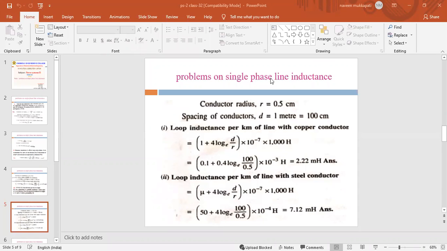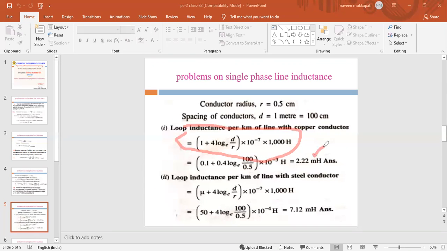That's why we write the formula 1 plus 4 log e D by R. Copper as a conductor means we take it as 1. If steel is the conductor with relative permeability, that will be mu, where mu is equal to 50. So the formula is 50 plus 4 log e D by R. Per kilometer means we multiply with 1000.